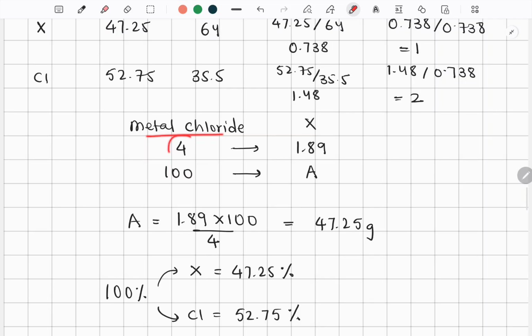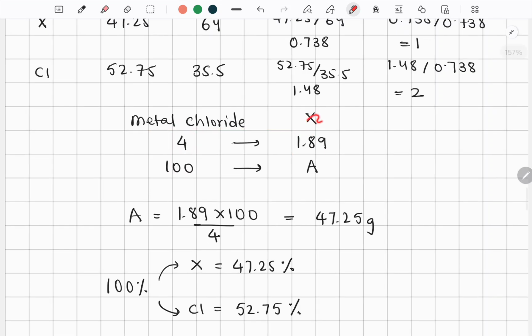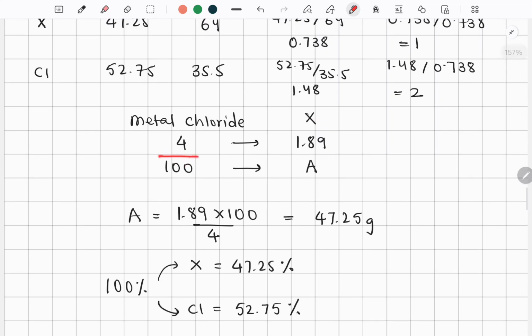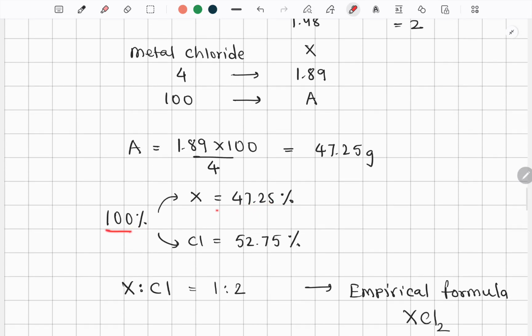So metal chloride was given as 4 gram, containing 1.89 gram of metal X. We took 100 gram of metal chloride and calculated the metal present in it, which is the percentage composition of the metal in the metal chloride. Out of 100%, 47.25% is metal X, so 52.75% would be chlorine.